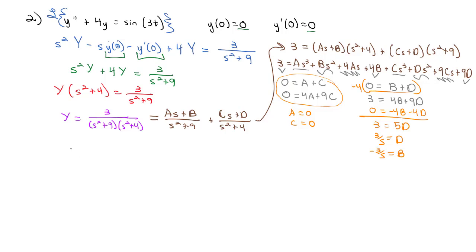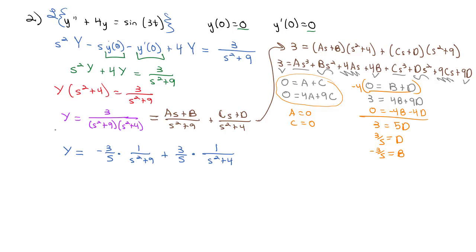So we can split up Y to be equal to A, which is 0, plus B, which is -3/5, times 1 over s squared plus 9, plus C, which is 0, plus D, which is +3/5, times 1 over s squared plus 4.